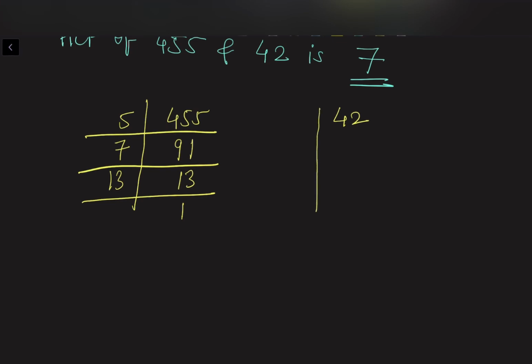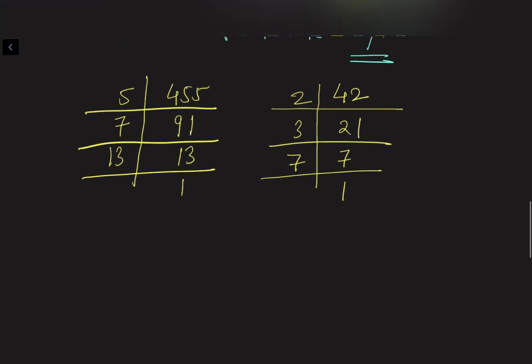Then 2 21s are 42, 3 7s are 21, and 7 1s are 7, right? So if you see, 455 is 5 into 7 into 13, and 42 is 2 into 3 into 7.